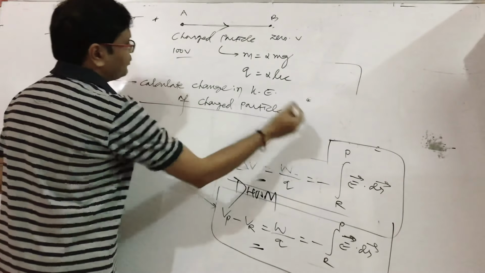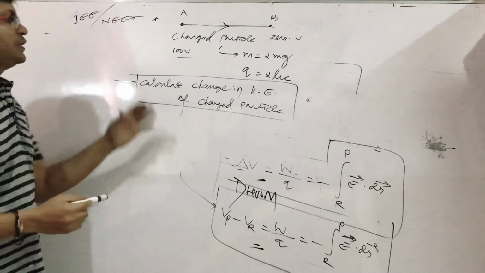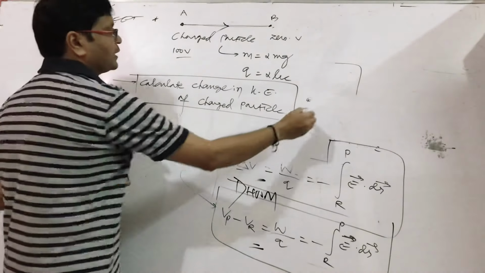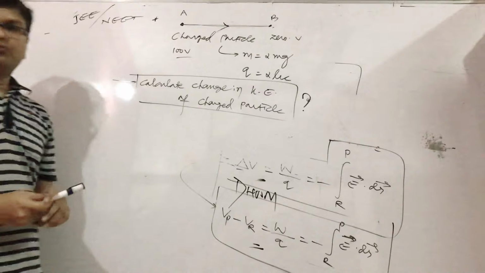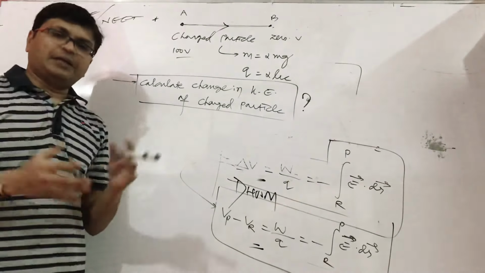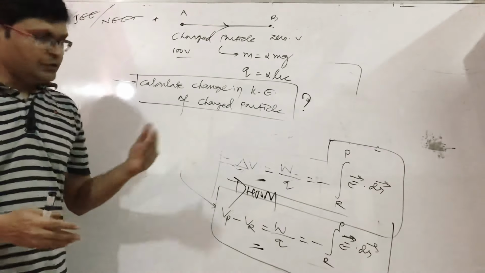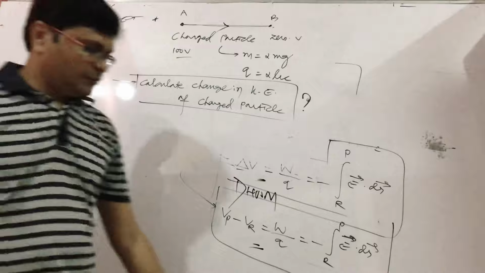If you move this charged particle from A to B, then what is the change in kinetic energy of this charged particle? Take one or two minutes, because this is a live lecture, so you have to apply your concept yourself and then we'll solve it, don't worry. So take your time for one or two minutes.